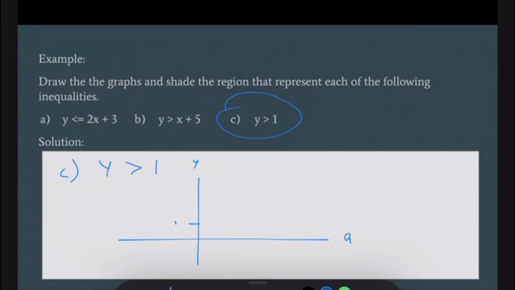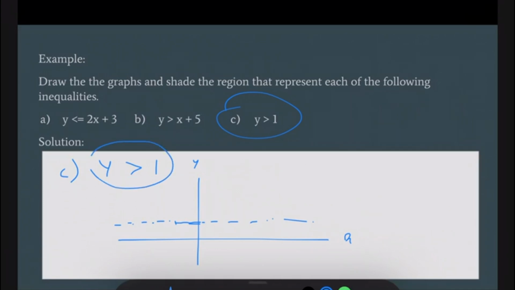So which means in the graph, this is y, this is x, so let's say this is 1, right? So y is not a solid line, because there is no equal here. As soon as there is only less than or more than, without equal, it will not be a solid line. So they ask you to shade the region based on the equation.